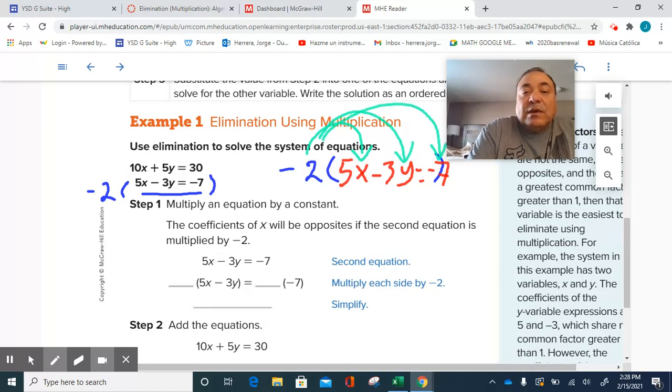We get a new equation, which is -10x plus 6y, because that's what we're getting there, equals positive 14.